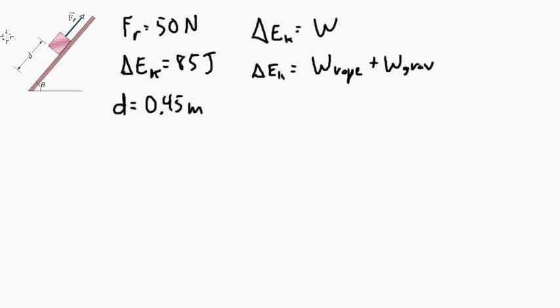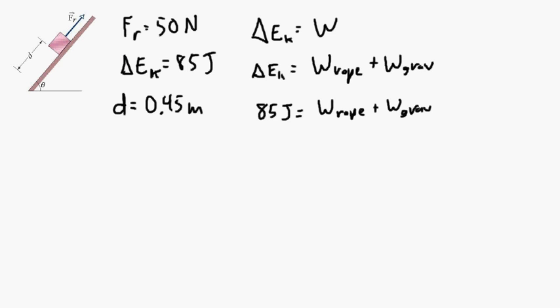So what we can say then is delta EK, which was 85 joules, equals work done by the rope plus work done by gravity. Okay, so now what was the work done by this guy pulling the rope? Well, he's pulling uphill, right?